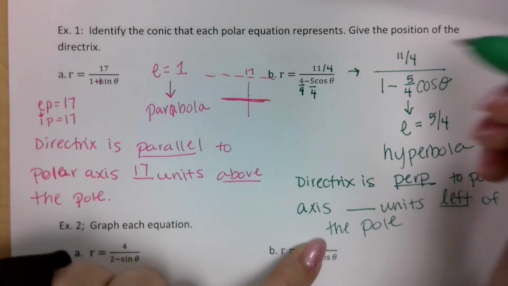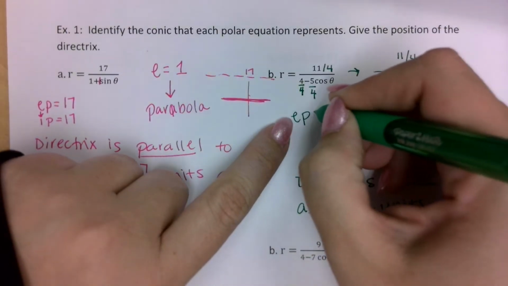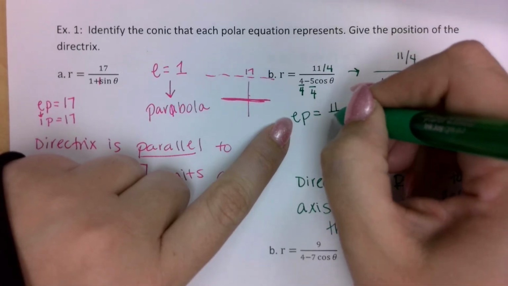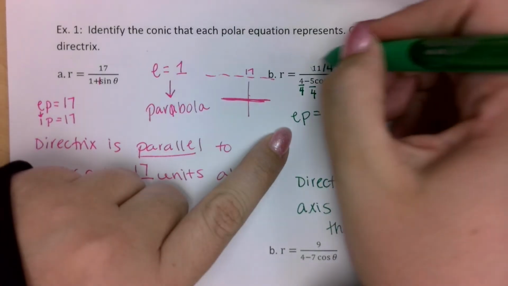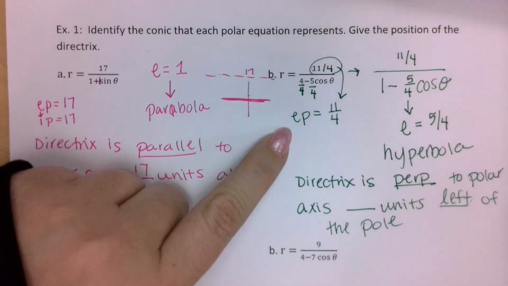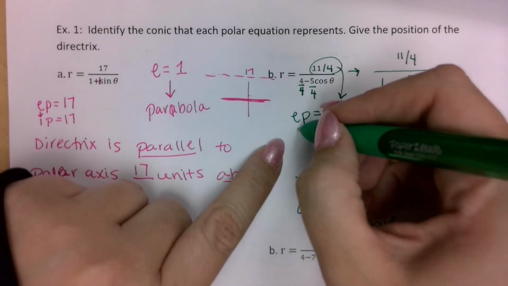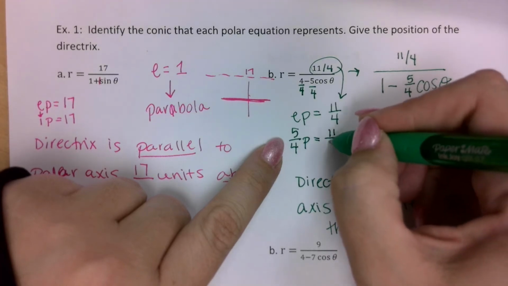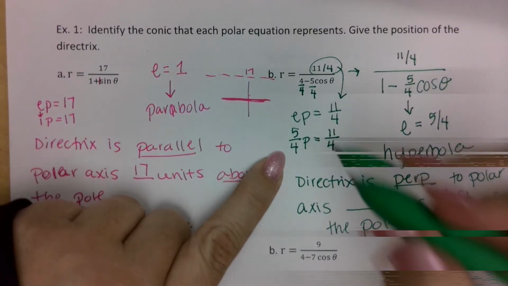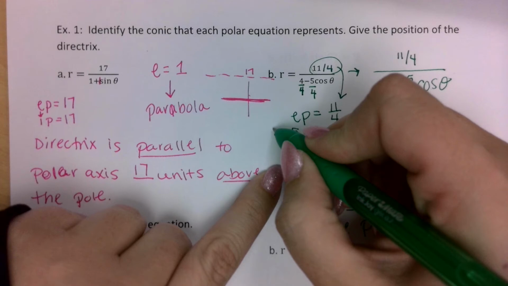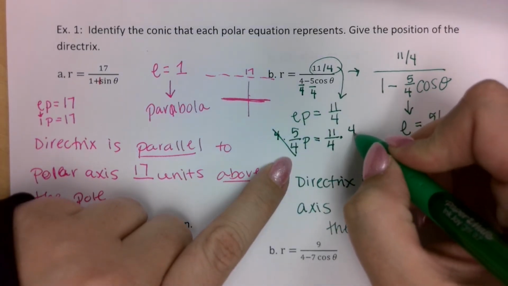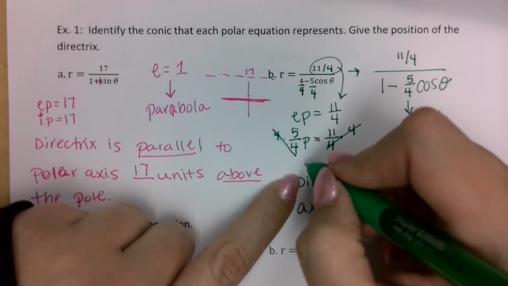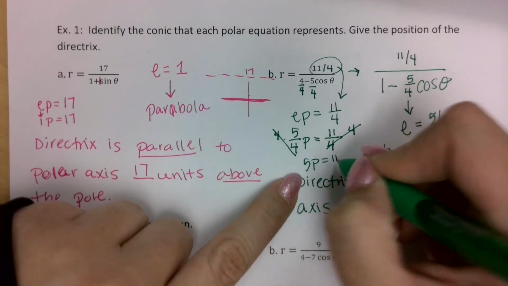So just like in this problem, E times P has to give me 11 over 4, because that's this number here. And we said that E was 5 over 4, so 5 over 4 times P equals 11 over 4. Using our algebra, I can multiply by 4 on each side. Oh, that cancels that out. 5P equals 11.